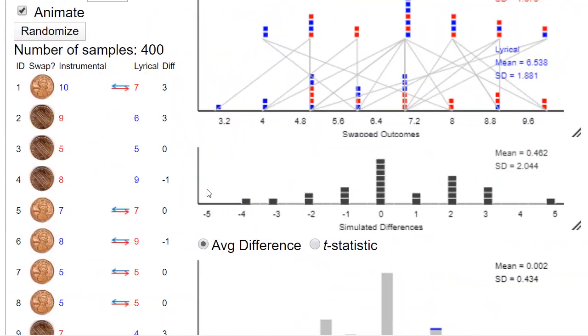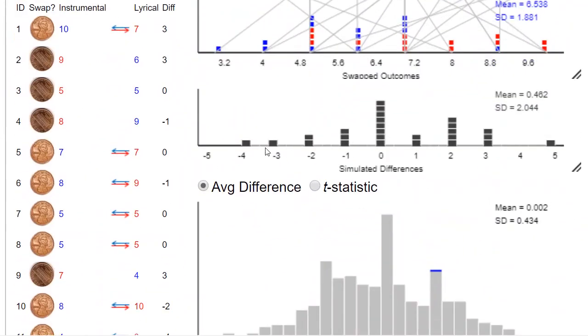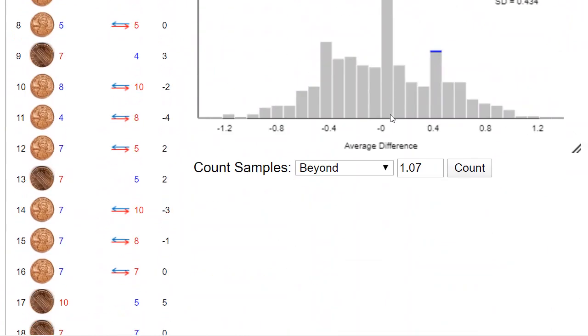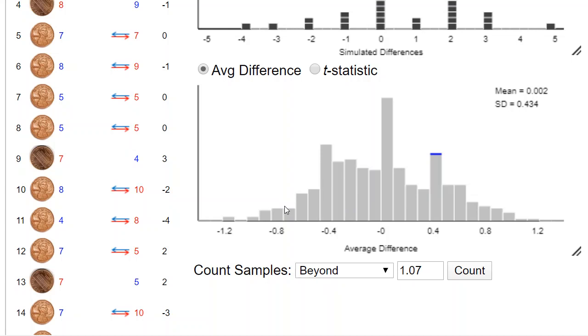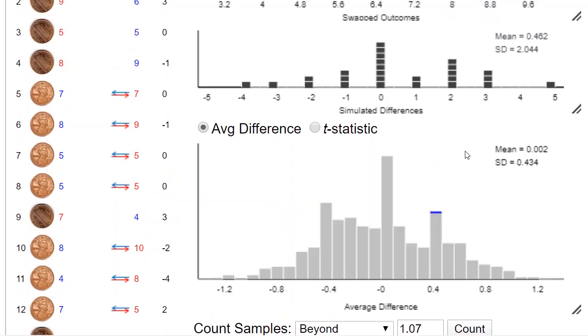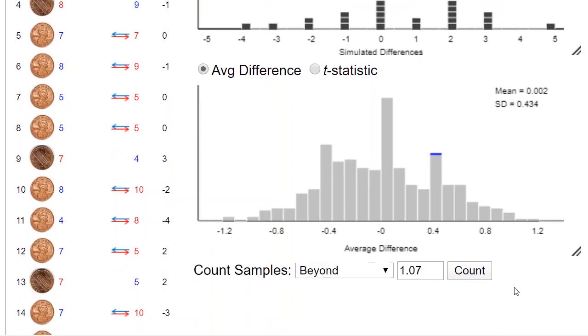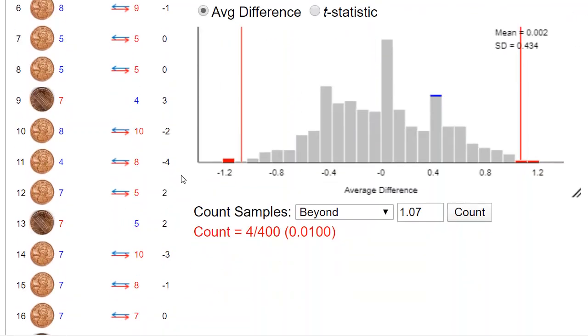And they do that for all of them. When you do that, some of the differences would be positive, some would be negative, and you could plot out essentially what would be X bar of the differences. And then we can see how frequently did it happen, as extreme or more extreme as what we saw in the sample. Well, now our p-value is 0.01.